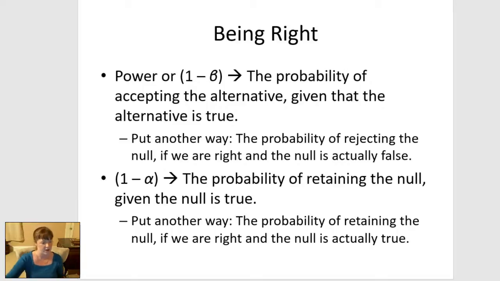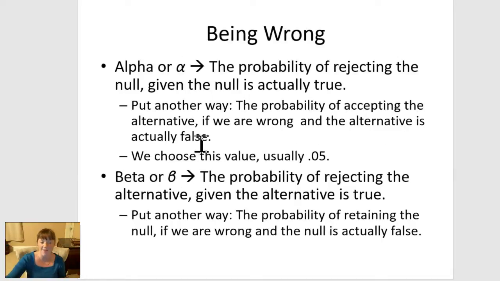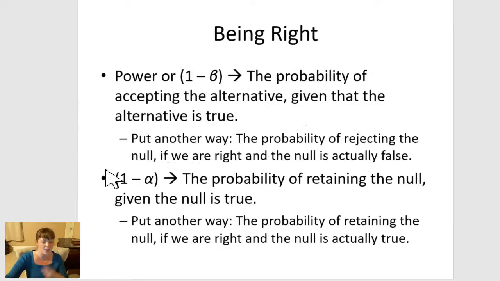So these are the probabilities of making a mistake no matter what decision you make, and these are the probabilities of making a correct decision no matter what decision you make, right?